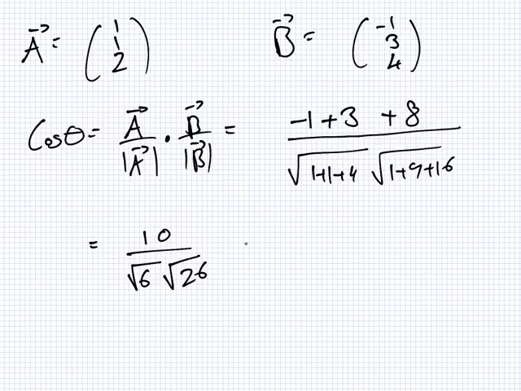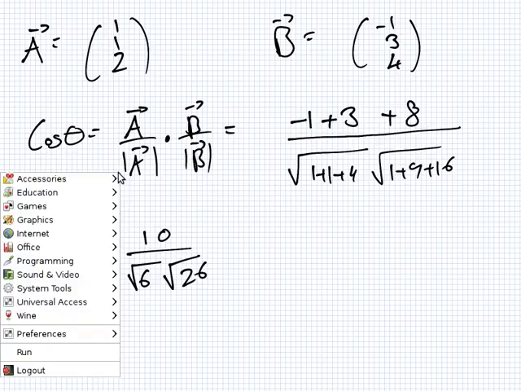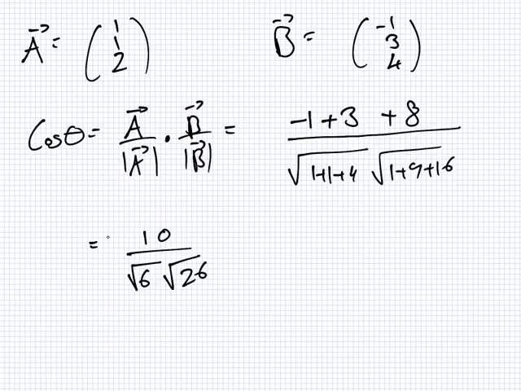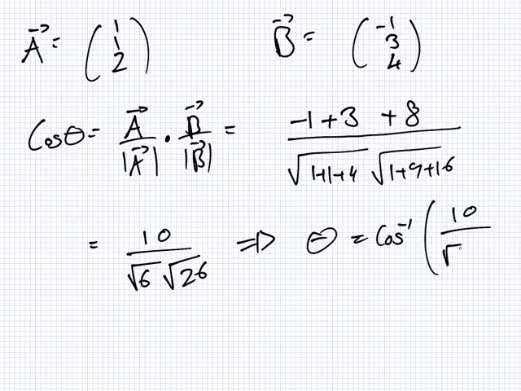Now I'll need the calculator and we can get the angle here. So that means theta is cos inverse 10 over root 6 root 26.